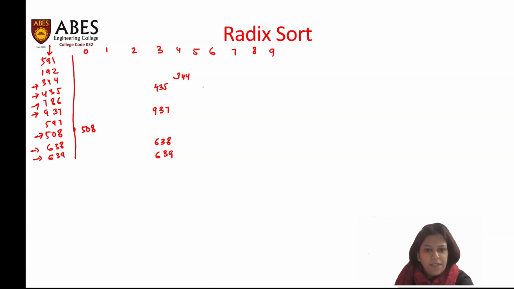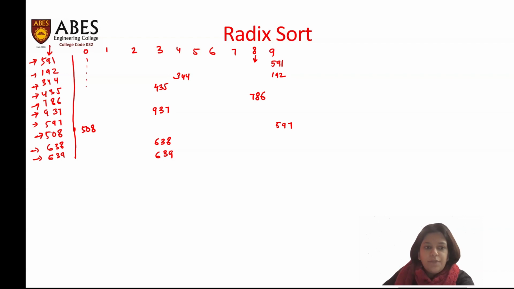Yes, we have this 786. So this will come here, 786 in the 8th column, right? Then we look at the numbers having 9. We have 591, then 192, and then 597. And in this way, we have written all the numbers in the table.